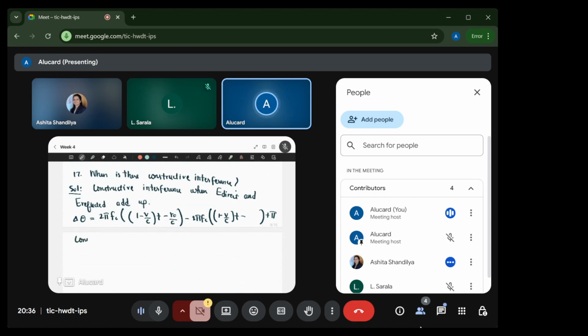So constructive interference occurs when the phase difference is 2m pi, that is an integral multiple of 2 pi. M is an integer.